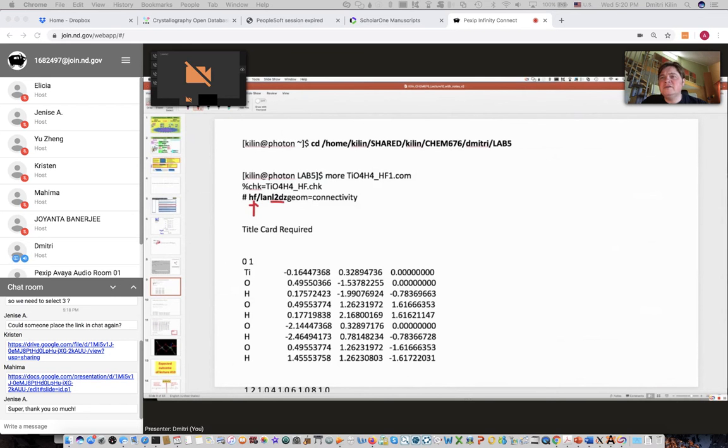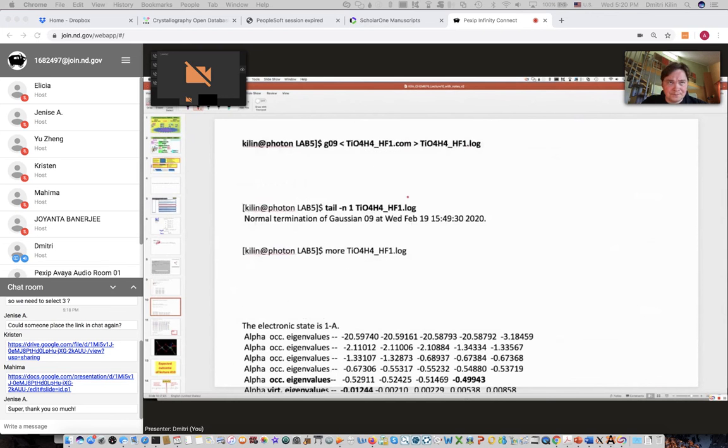Then after the job is complete, there is a so-called .log file. And by looking at and analyzing this .log file, one can learn basically any property of a molecule, assuming that Hartree-Fock and the selected method and basis were appropriate.